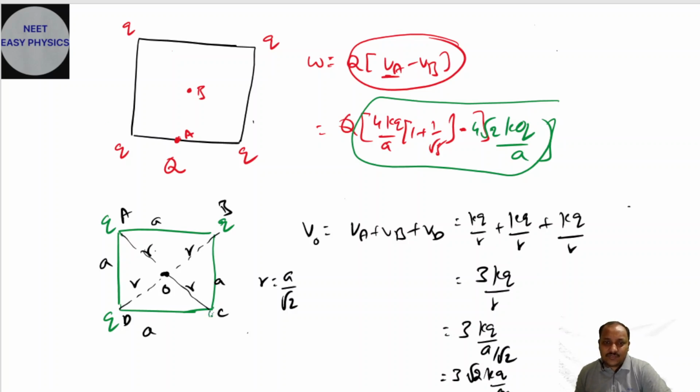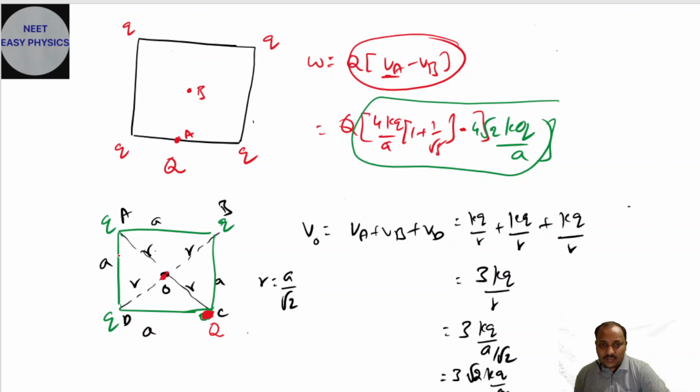Now they will ask, how much charge you place at the corner C so that the potential at the center will become 0. Let us assume we place capital Q charge to make the potential 0. Will it become 0 if all charges are positive?